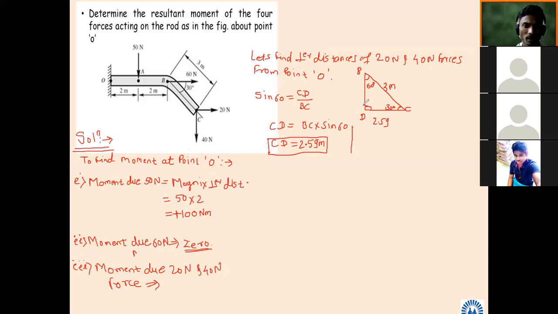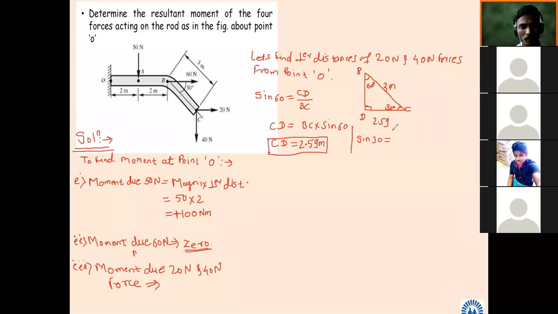No issue, either you can apply sin 30 or cos 60, anything you can apply. So as you have told, I will write sin 30 is equal to BD upon BC. So BD is equal to sin 30, which is 0.5, into BC, 3, so it will be equal to 1.5.